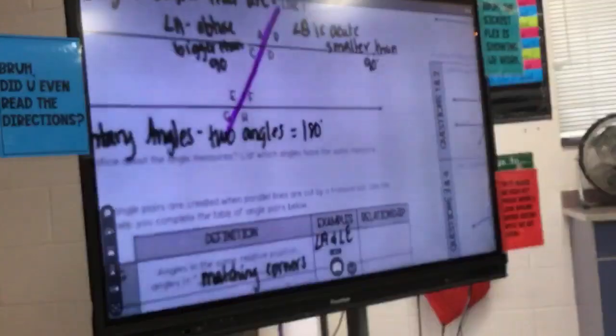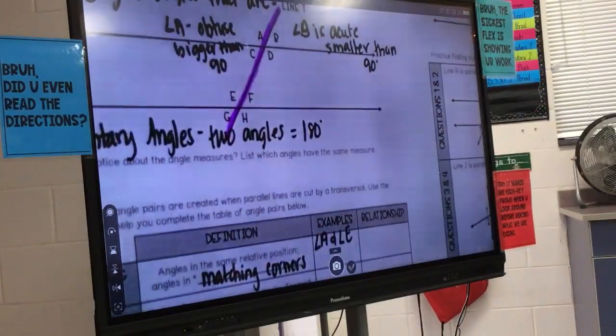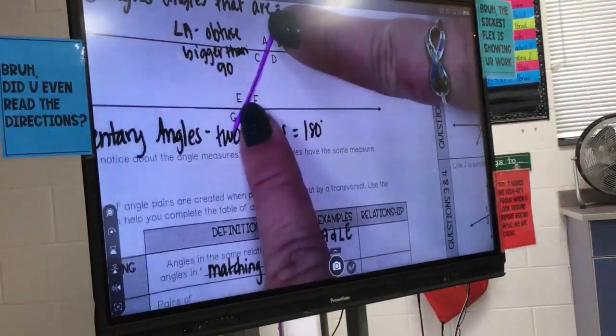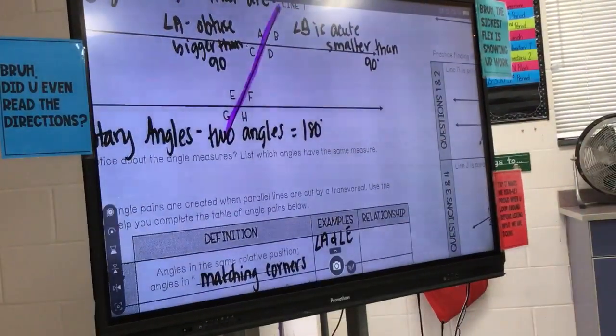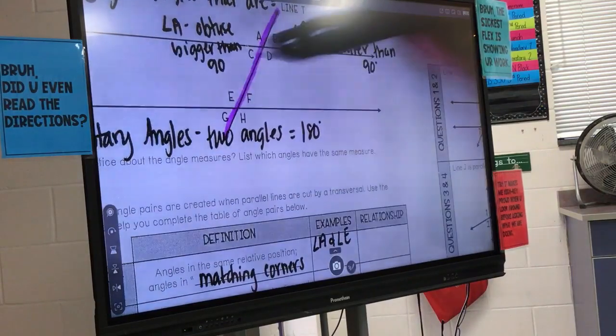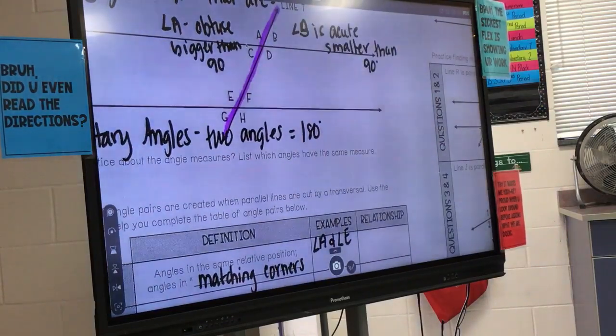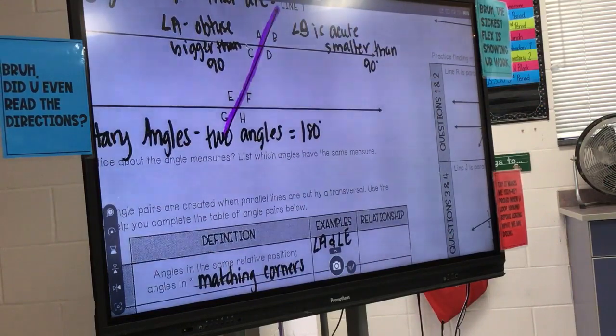So these are corresponding angles. Angle A here and angle E here are corresponding angles, which means they have the same matching corner. Okay, so are they congruent? Angle A and E, or are they supplementary? If we added them together, would they equal 180? What do you guys think? Jeffrey? They are congruent.